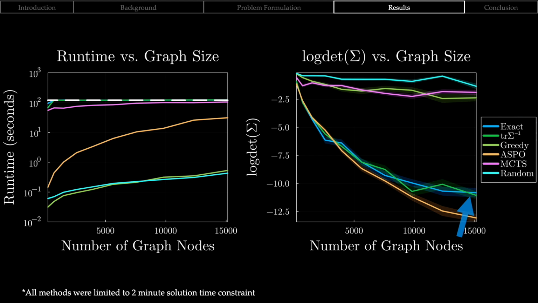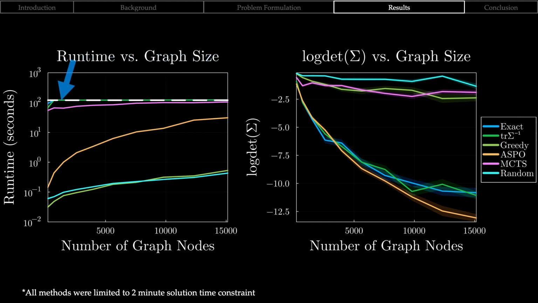Unfortunately, we don't have infinite time, so we limited all of the methods shown here to a 2-minute solution time constraint, and the best objective found after that 2 minutes was reported. So that's what we're showing here, the solution objective to the exact mixed integer program after running for 2 minutes. What we see is that the exact mixed integer program often takes the full 2-minute time limit here.